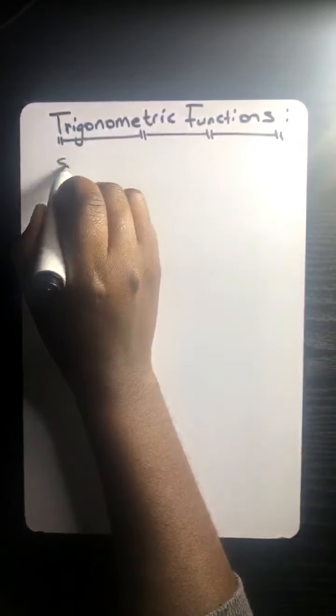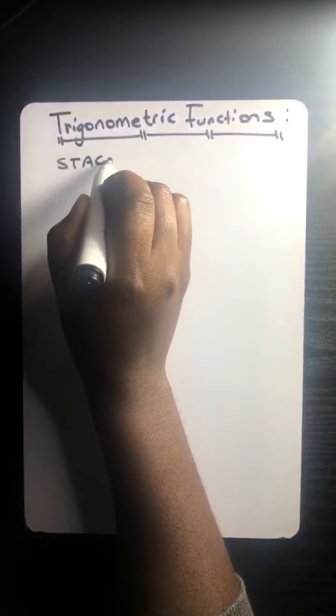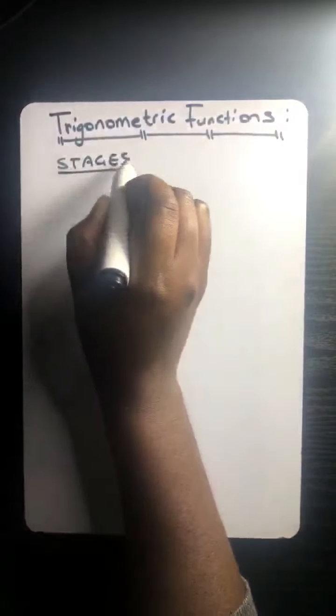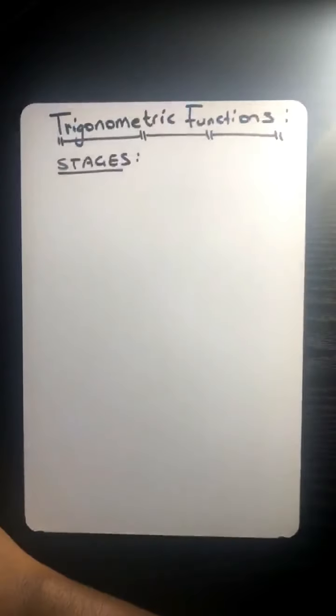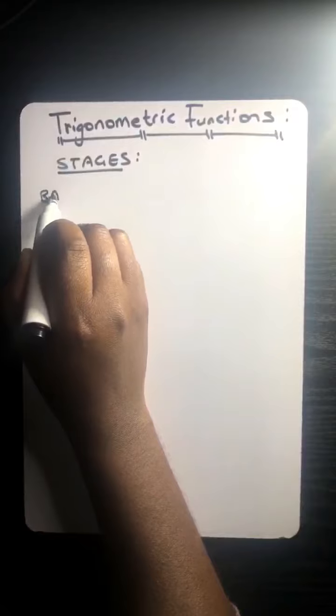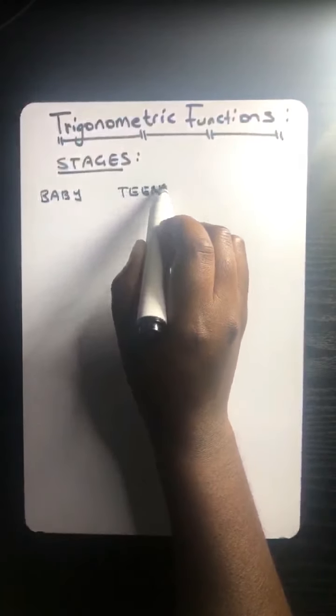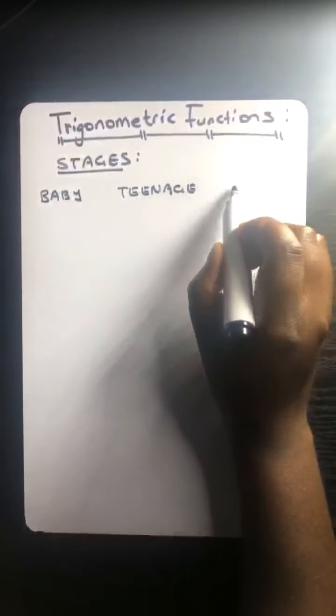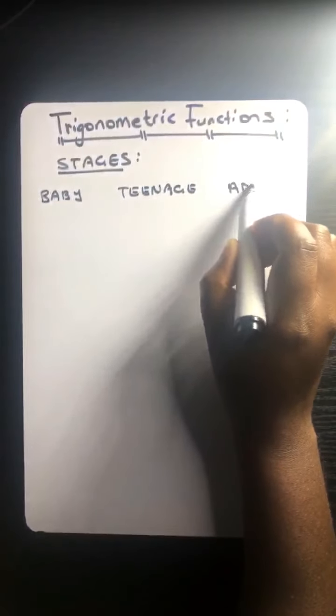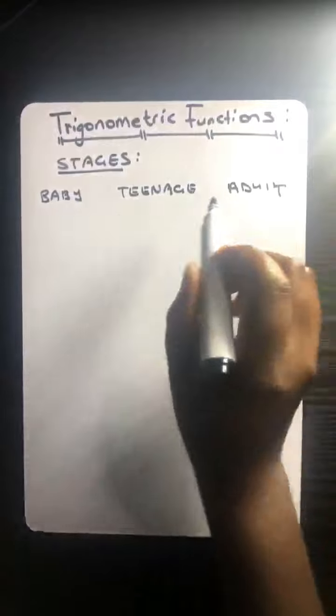So quickly, I want to take you through the stages of the trigonometric functions. We have multiple stages, but for the sake of today's lesson, let me take you through a baby stage, a teenage stage, and then an adult stage.